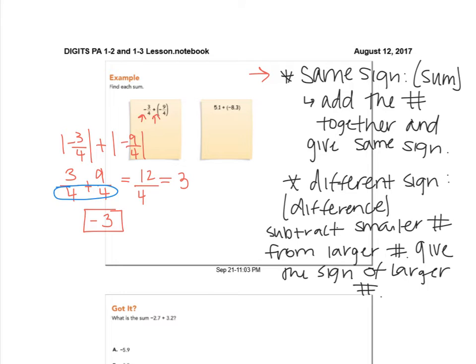So you have to add them across like normal, and that's why we did the absolute value. But since both of our numbers were a negative number, we have our 2 negatives, we know that our final answer also has to be negative.